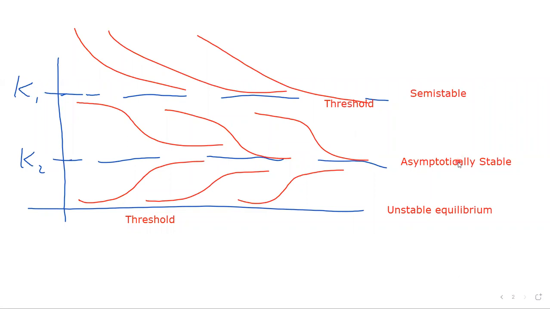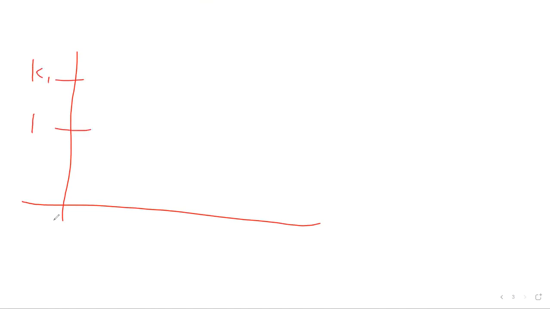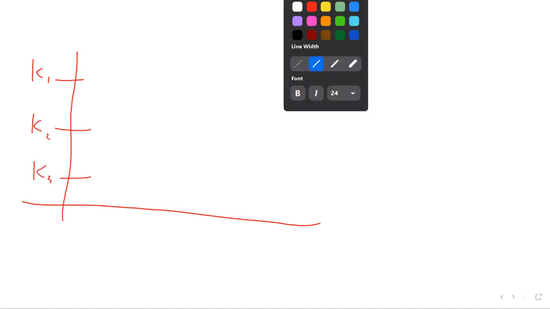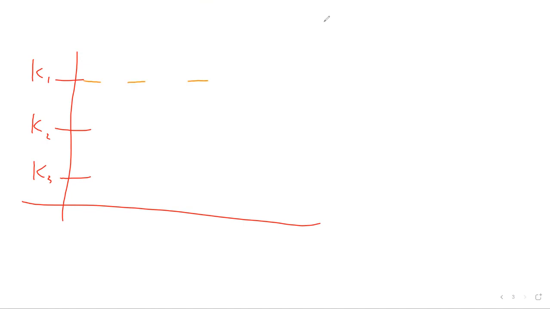And you can't have more than one asymptotically stable. So for example, let's go K1, K2, K3. So those are all where we have critical points on our equation.